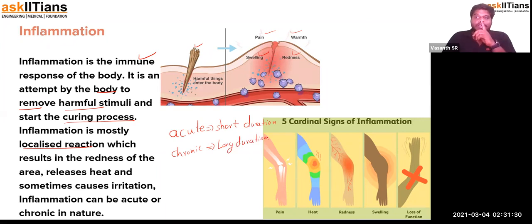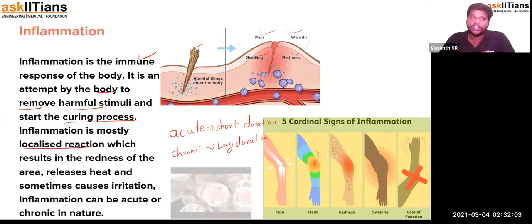In this case, how long the inflammation is going to stay depends on the cause or the problem which has caused the inflammation, how big is that, how bad is it? Based on that, it will be decided whether it is going to be acute or chronic. How worse is the problem, the damage, that much will be the duration of the inflammation. Okay, so this is what you should know about inflammation.